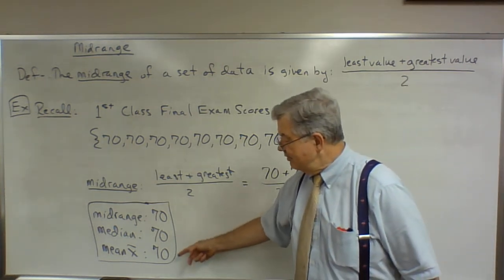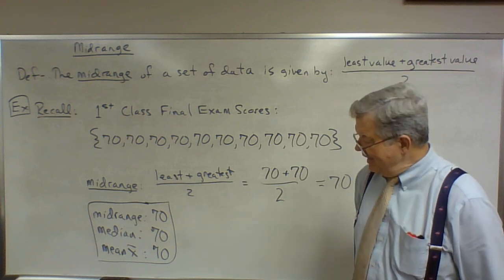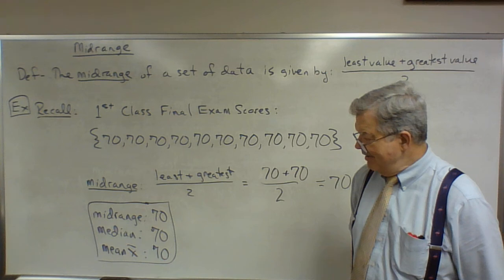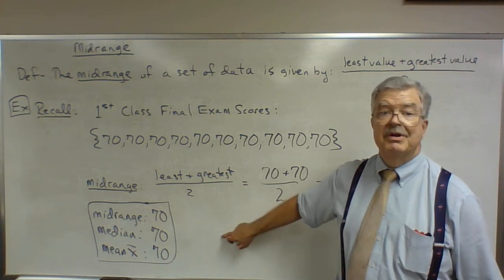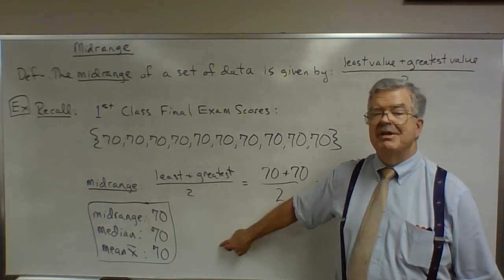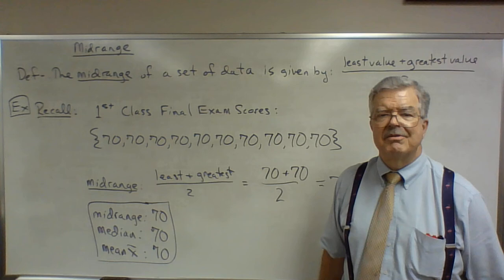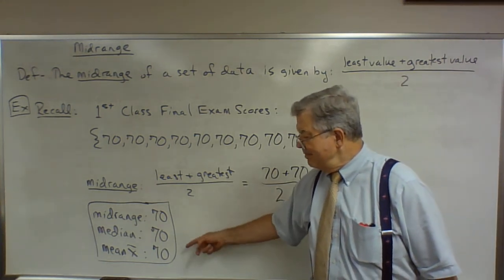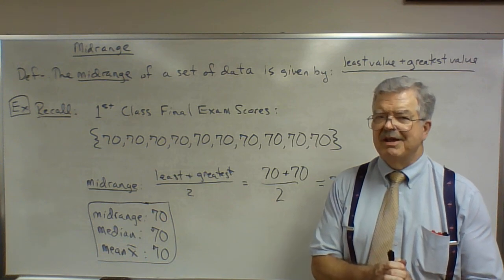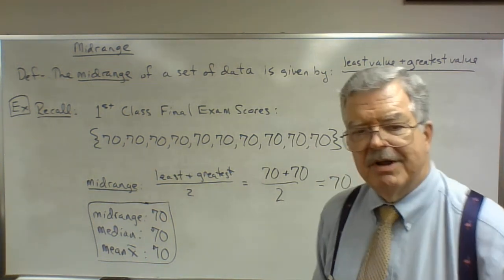But we look at these three different measures of what's average, and we say, okay, it looks like just about everybody got a 70. So this really is a class of average or typical people. Not too good, not too bad, kind of middle of the road. These three measures of average combined give us a pretty good idea of what happened.